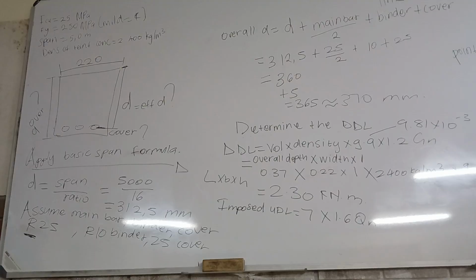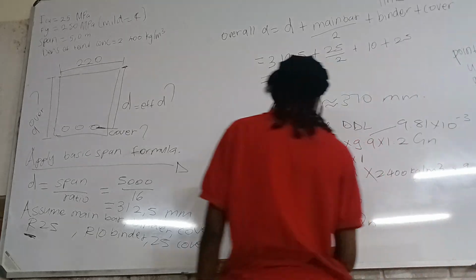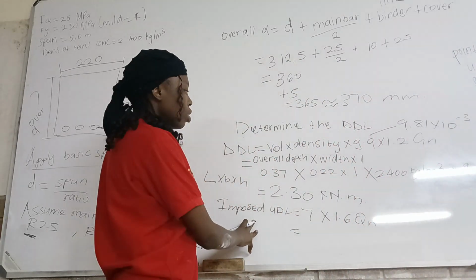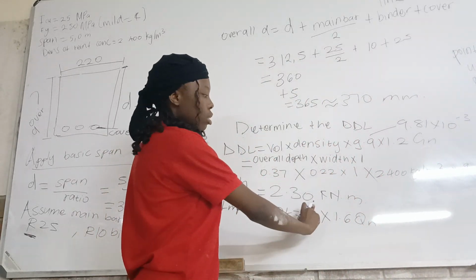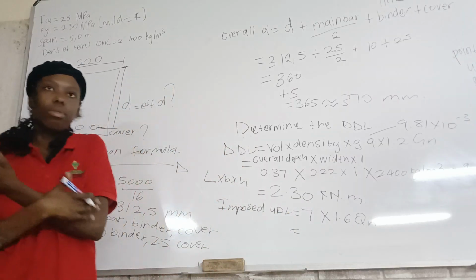Point load is 1.6 QN, UDL is 1.6 QN, and dead load is 1.2 GN. The dead load we calculated directly with 1.2 GN, and for the imposed load we use 1.6 QN. So for the imposed UDL, you just take what you were given, which is 7, and multiply by 1.6 QN. You follow that?